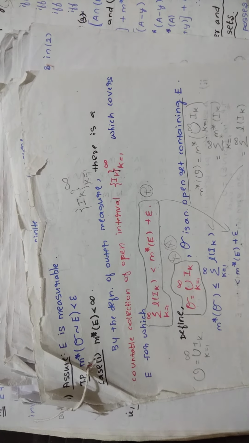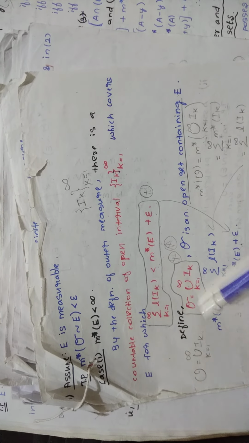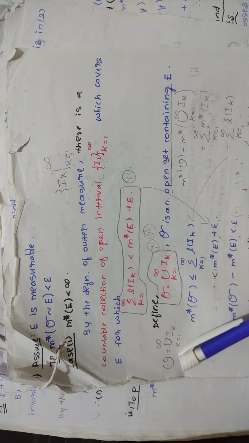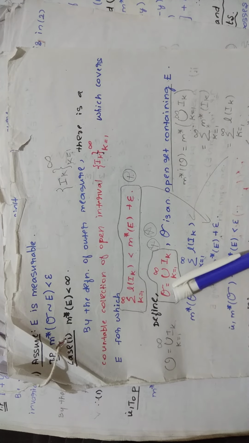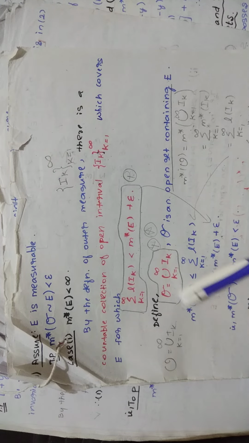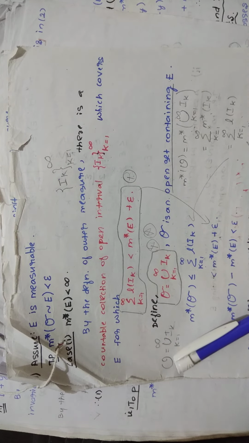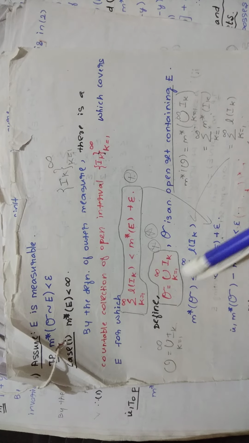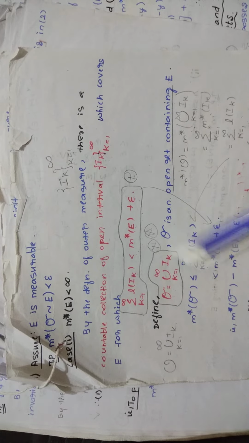Now you are defining something, that is script O. Write like this. Mistakenly it looks like theta, no? This is wrong. You have to follow this to write script O. You define script O is equal to union k equal to 1 to infinity I_k.